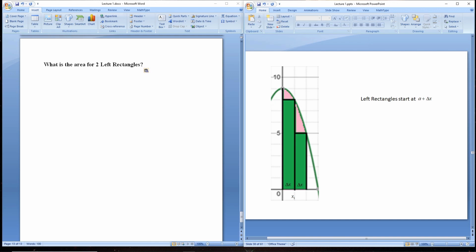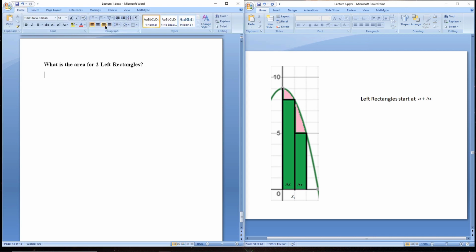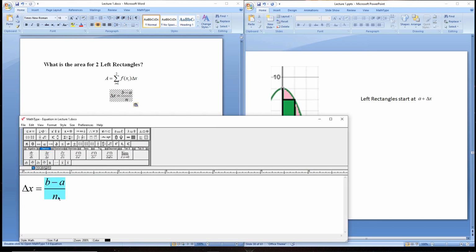Now let's not forget our main expressions here, and these expressions are the bulk of what you'll be doing in the homework. We have our expression for the area. Here, n equals 2, because we're using 2 rectangles. And delta x is always b minus a over n, again, n being our number of rectangles here, in this case, 2.